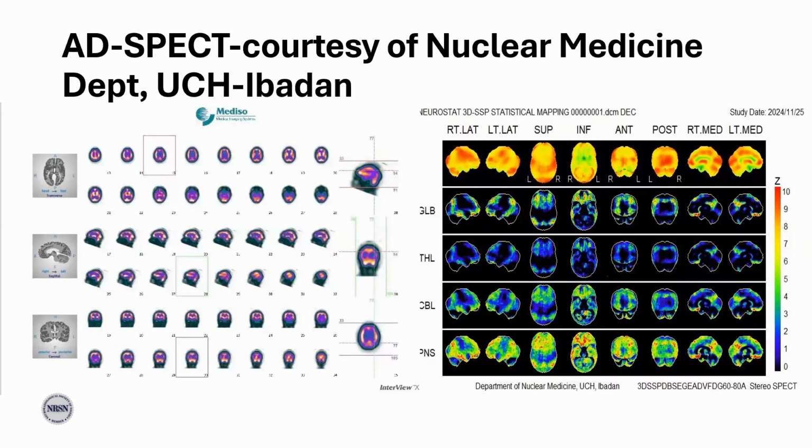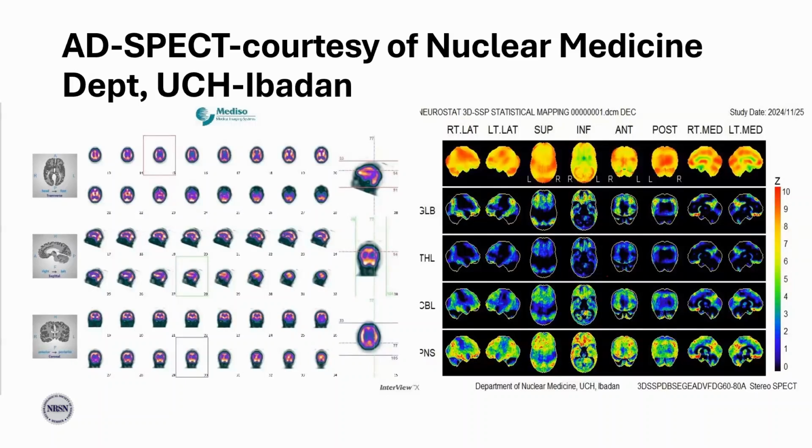Now, Neurostat 3D surface stereotactic map is basically a compendium, or a database, of normals. Now, this particular 3D SSP statistical map is a novel one because I think it's one of the newest ones being used in this part of the country.